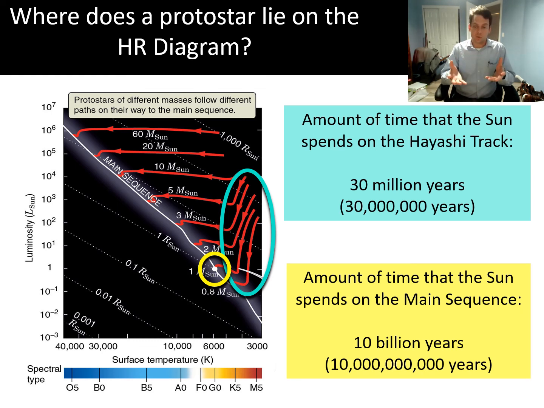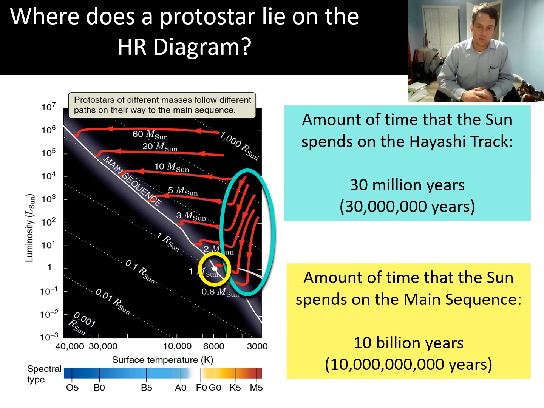Once on the main sequence, the sun is going to stay there quite happily for about 10 billion years. So comparatively speaking, the Hayashi Track is a very quick event. The star moves very quickly on that relative to the star's main sequence lifetime.